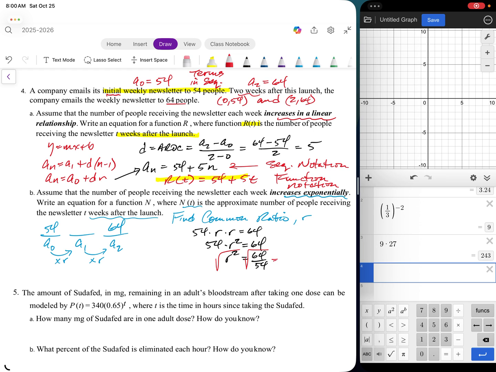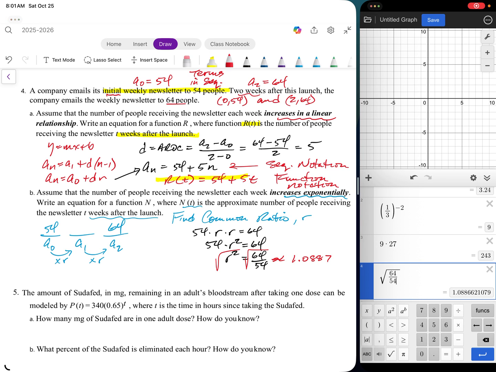And again, this is a calculator question. So you take the square root of the fraction 64 divided by 54, and you round it. 1.0887. There you go, three significant digits.